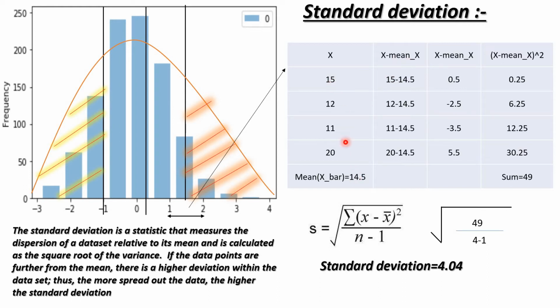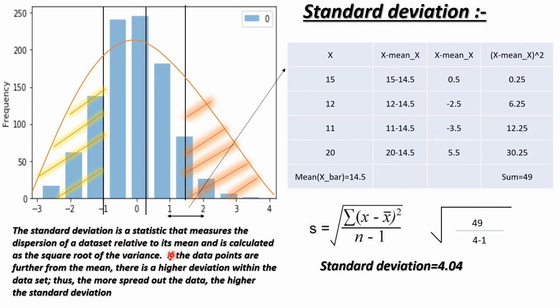How to calculate the mean? It is the sum of these elements divided by the number of elements, right? Now we have calculated the mean, then we are subtracting the mean from each of the elements. You can see over here that it is 15 minus mean, then 12 minus mean, 11 minus mean, and 20 minus mean.